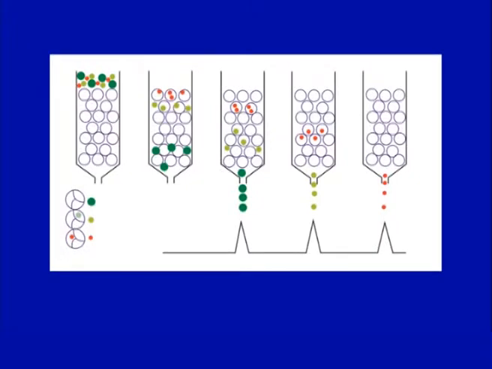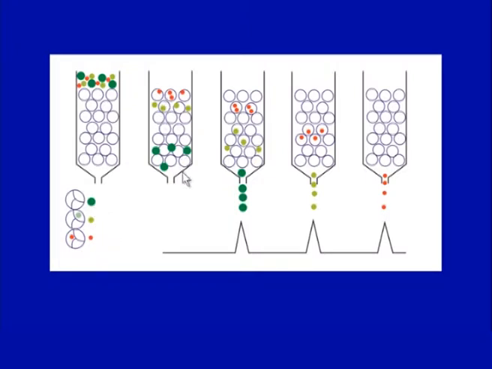Now, here there is another figure which explains the same principle. If you can see here, this is a column where these are beads actually, and you have different size molecules: a larger size, intermediate size and a smaller size.